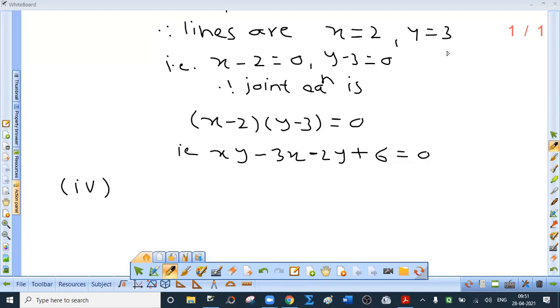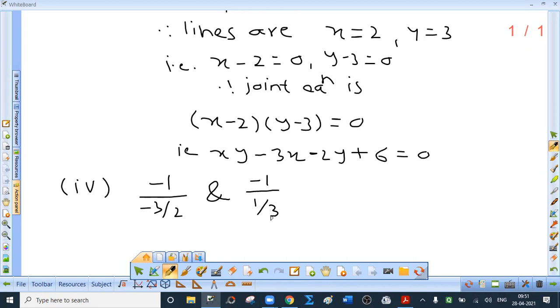Therefore, slopes of required lines perpendicular to them will be, now product of slopes of two perpendicular lines is minus 1.